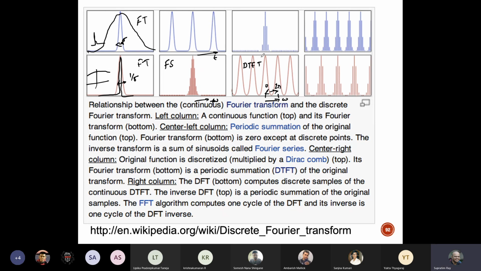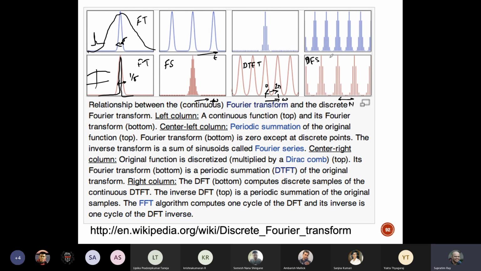And then finally, if you make a periodic signal by translating and concatenating the original signal, this is now a discrete periodic signal, and its discrete Fourier series happens to be also periodic, but also discrete. So you only need n terms. That's it.